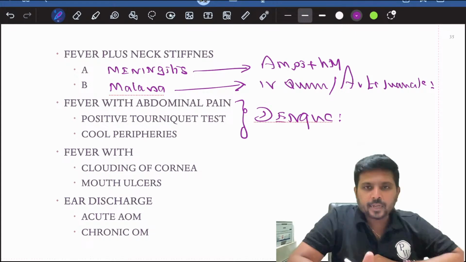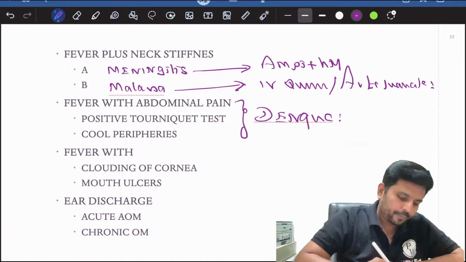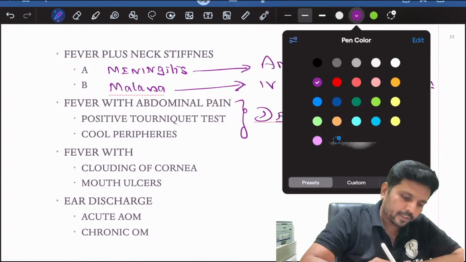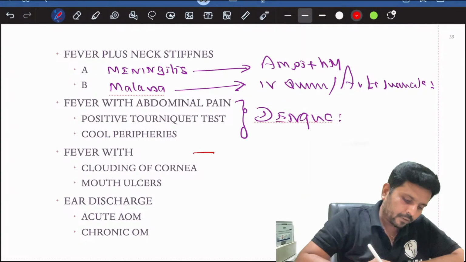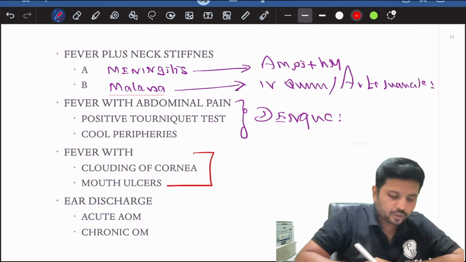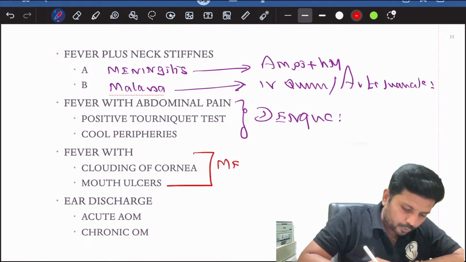Then comes fever with clouding of cornea. Fever with mouth ulcers is usually due to measles.